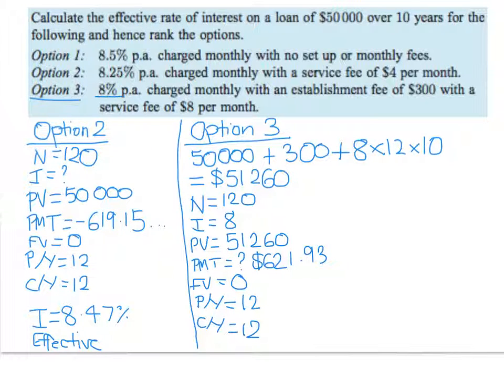The list. The list again. What are the key changes to this list? Just 50,000 instead. And I, we're trying to find I. Yep. So we're trying to find I. Our PV is going to be the 50,000 because we're swapping that.